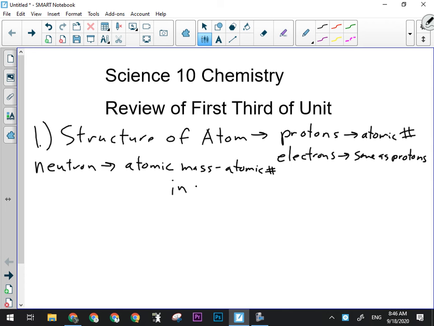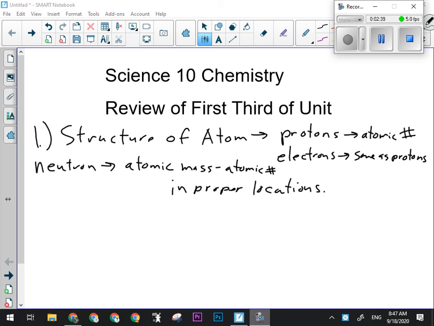As practice, I want you to draw an atom of carbon using our currently accepted model of the atom.